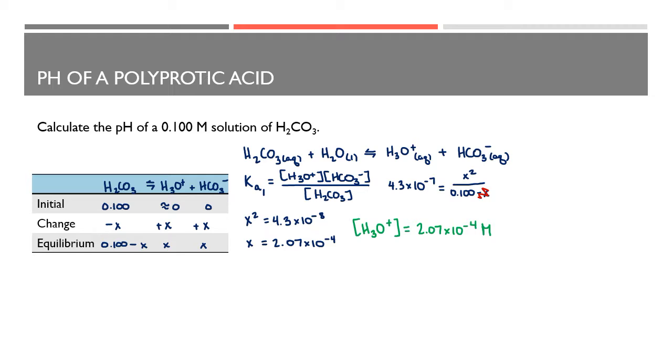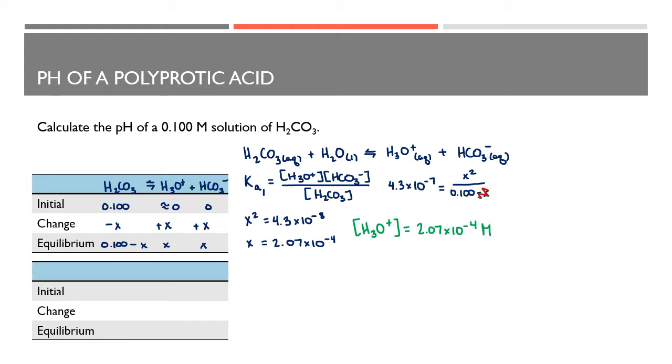So what I need to do is basically set up an entirely new ICE table for the second step. And we're going to see some common ion sort of things happening with the second step. So we have to be very careful about how we fill in this second ICE table. So we have HCO3-.